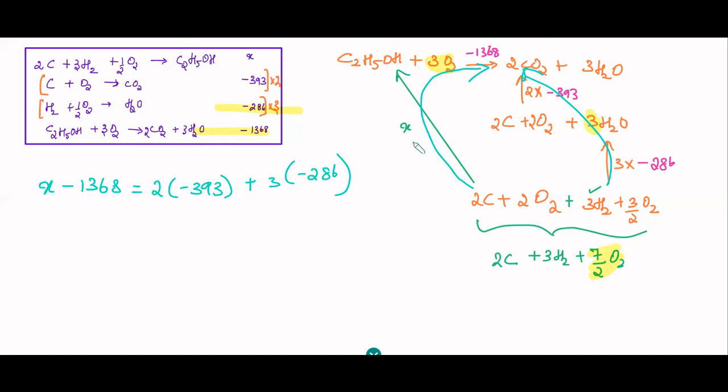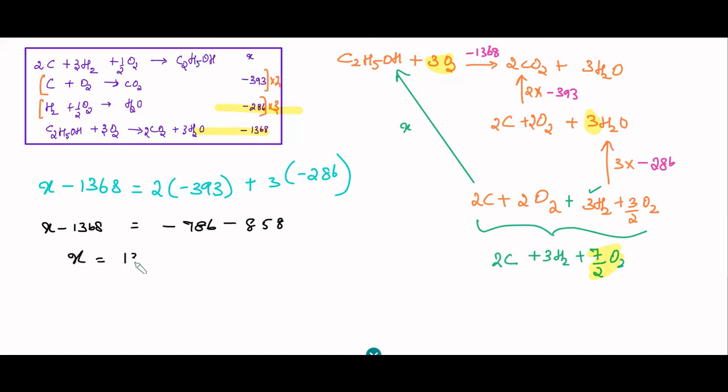Wherever there is an opposing effect, I'll put it on the other side. So X minus 1368 is equal to 393 times 2, that will be minus 786, minus 3 times 286, which would be 858. So I'm taking it to the other side.